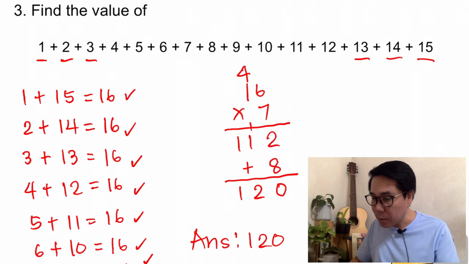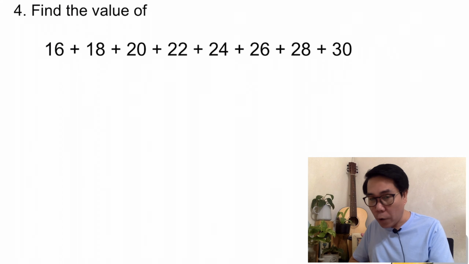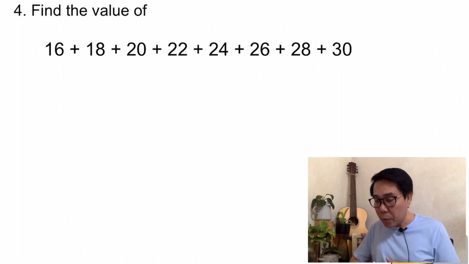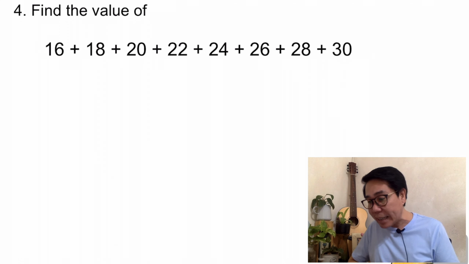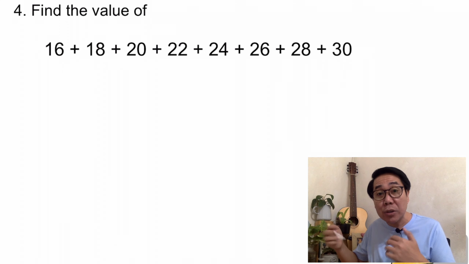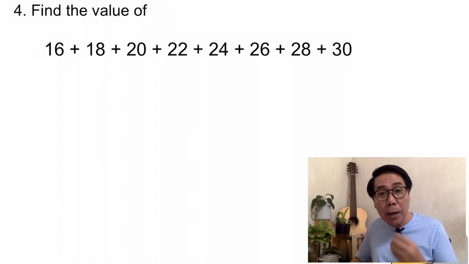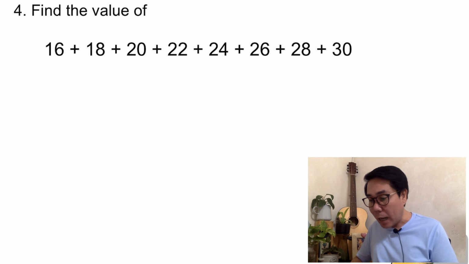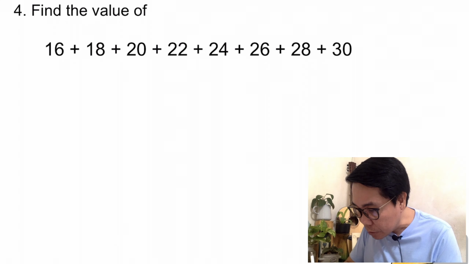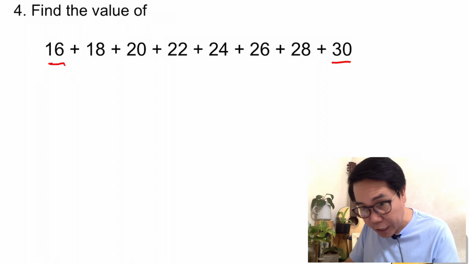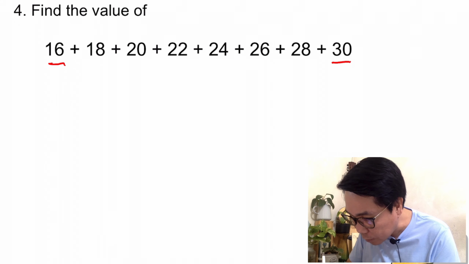Now let's proceed to question number 4. We have here 16, 18, 20, 22, and so on, up to 30. We can see the number is adding by 2 every time. The same thing we have to do. We have 16 and 30, the first and last numbers that we add.